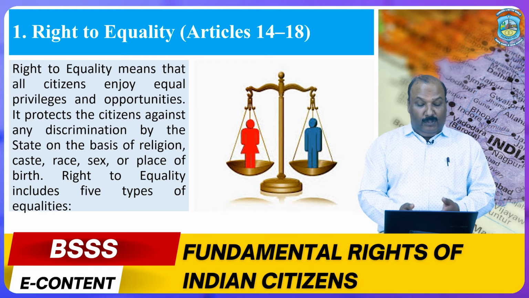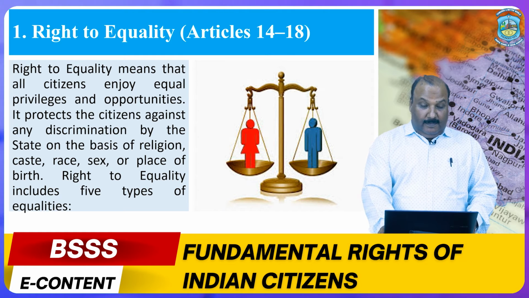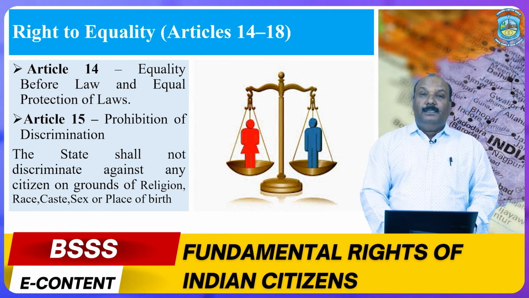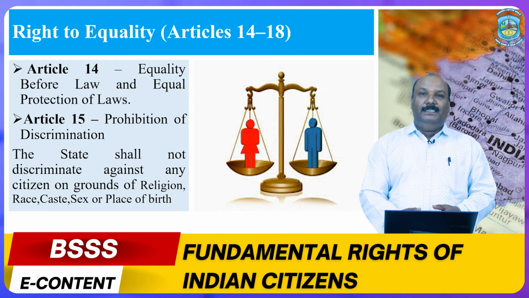Right to equality includes 5 types of equalities. Under Article 14, it provides equality before law and equal protection of law. It means in the eyes of the law, all citizens are equal.